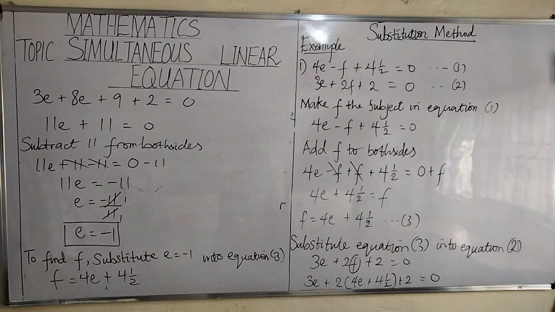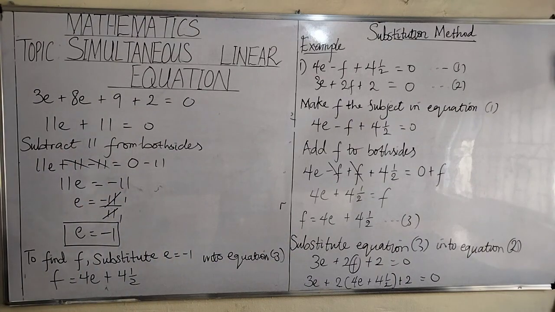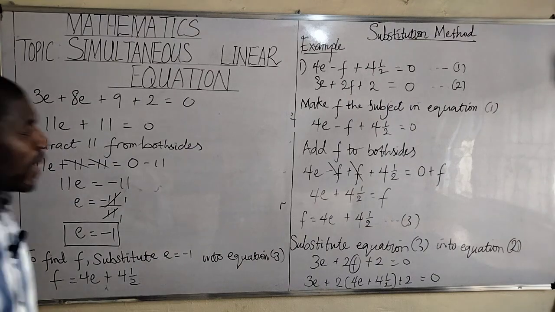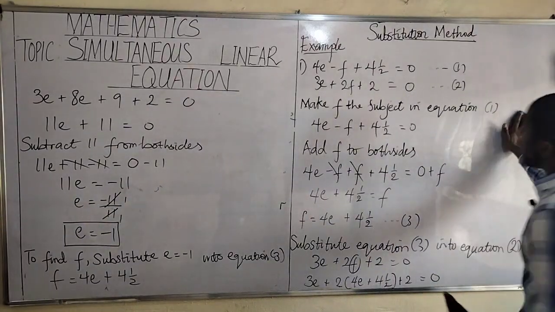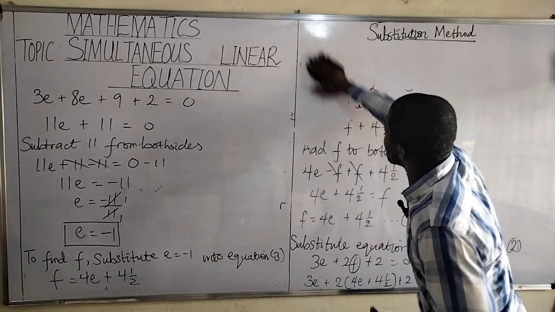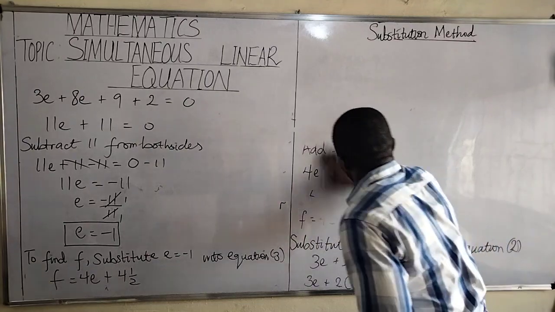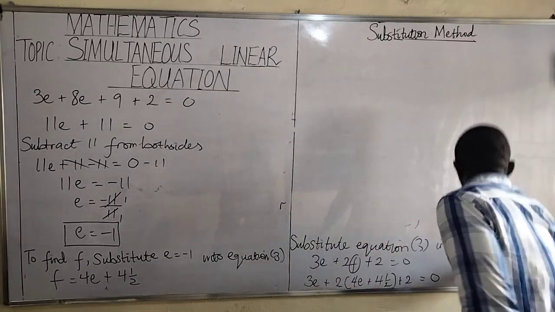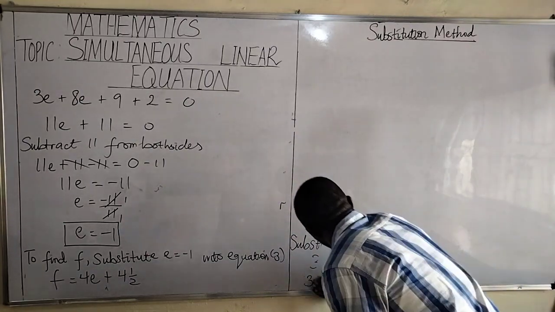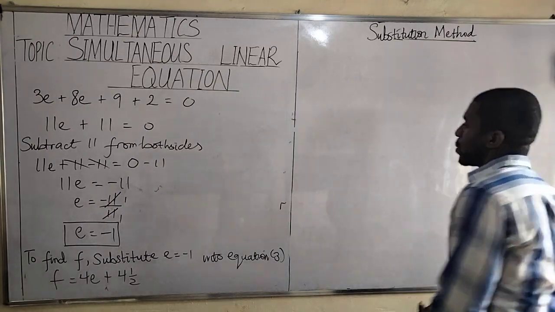You can see it over here. So any place we see e, you remove it and put negative 1. Right, let us erase this part and complete this task. We are going to get the solution to this simultaneous linear equation within the shortest possible time.